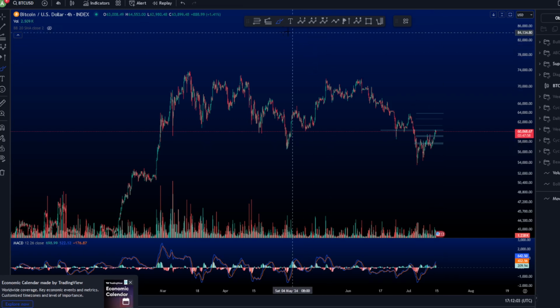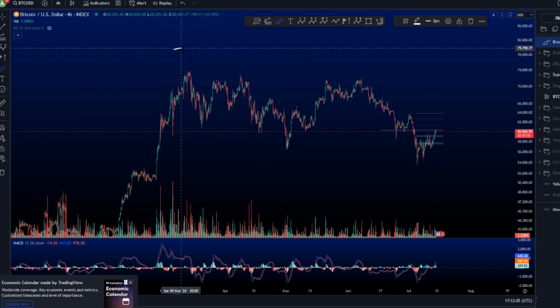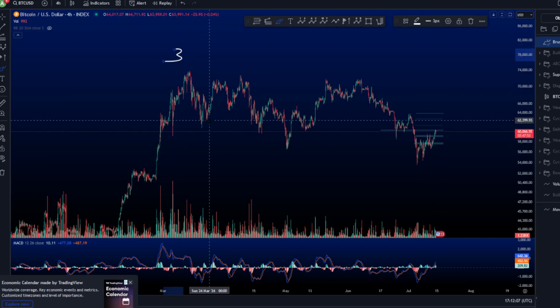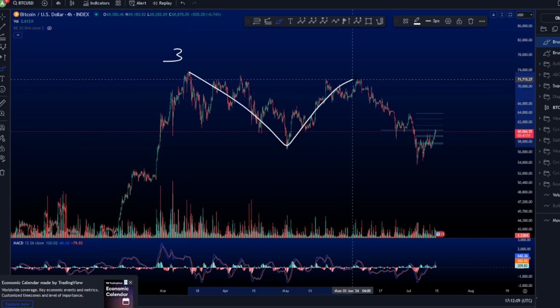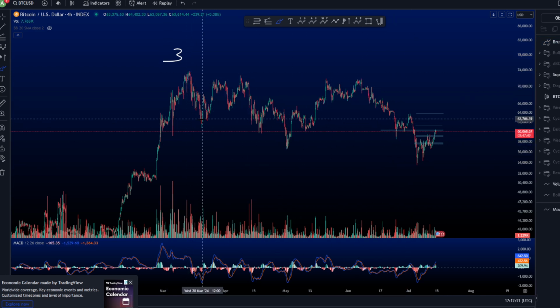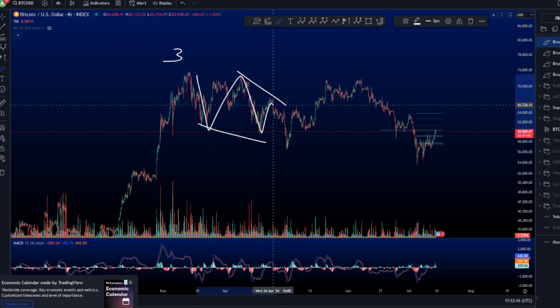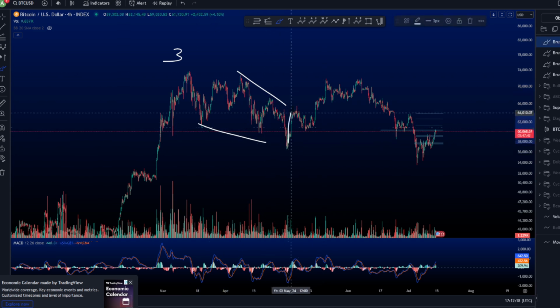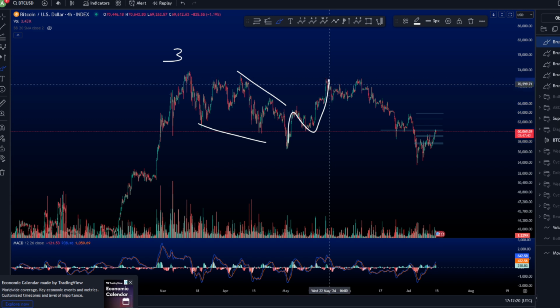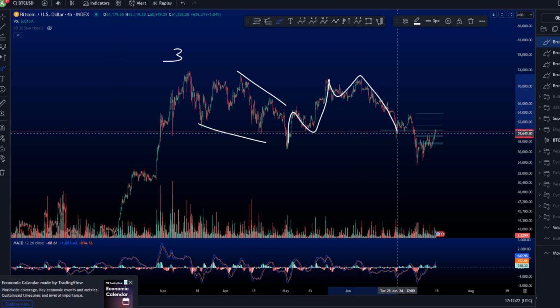If you remember, our all-time high was a wave 3, and we have A, B, and C. Here we have a diagonal, 1, 2, 3, 4, 5, and here A, B, C, and potentially an impulse 1, 2, 3, 4, 5.